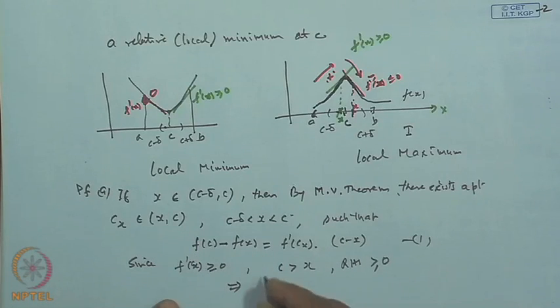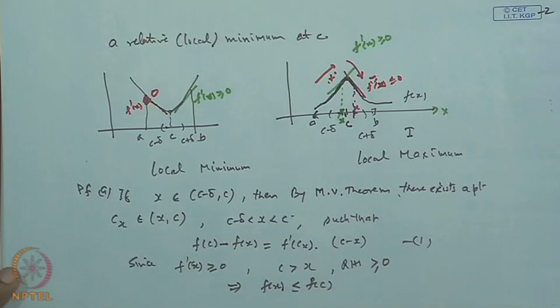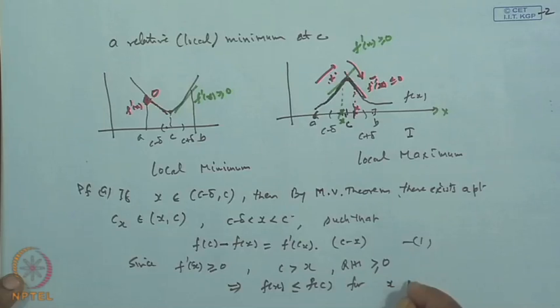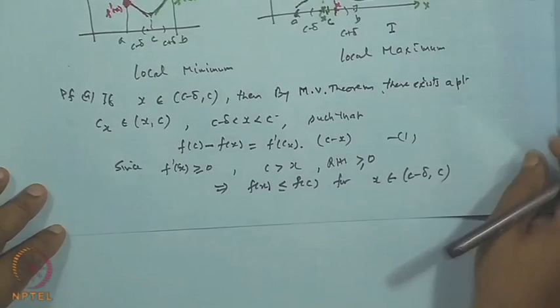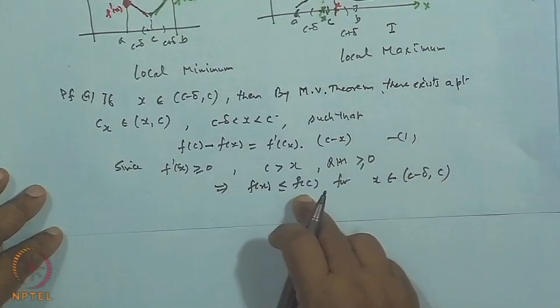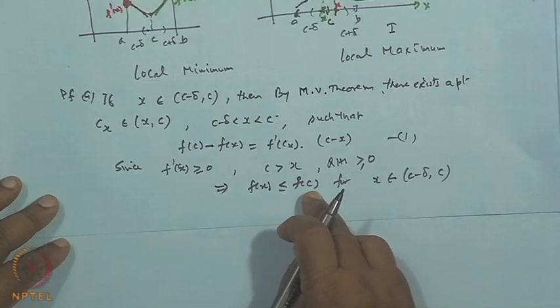This is only possible when f of x is less than or equal to f of c, for all x belonging to the interval c minus delta to c. Clear? It means in this neighborhood the function f attains the maximum value at c.